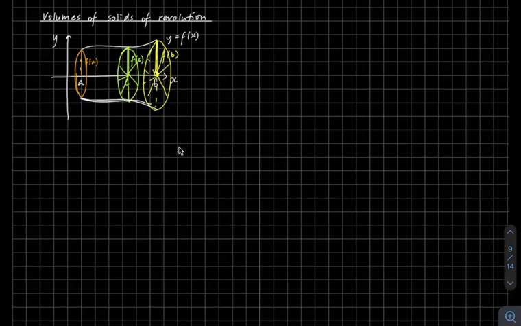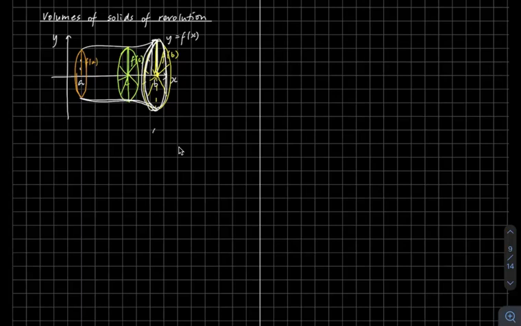I want us to think about the fact that, as a way of approximating this volume, a little bit like we approximated area under the curve by breaking it up into rectangles, we could approximate volume by doing a similar thing. Rather than rectangles, we're going to take discs. I go along a little distance at the top and the bottom, and I get the other part of the disc.